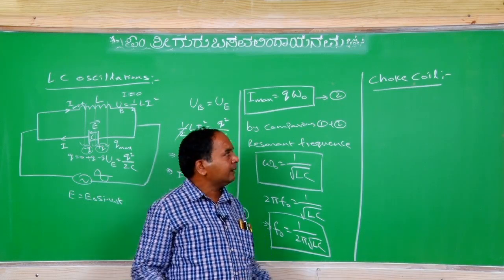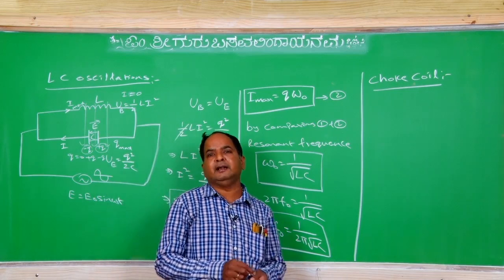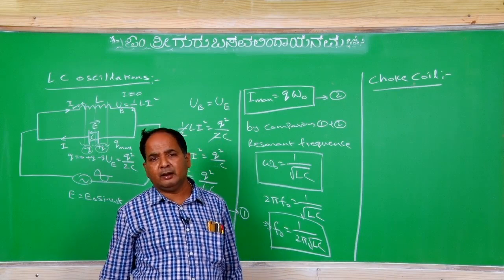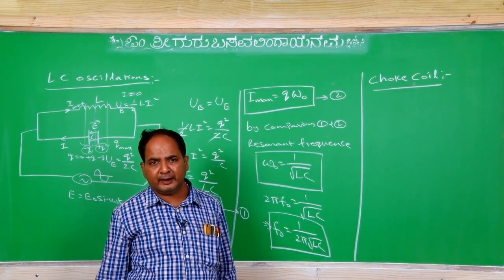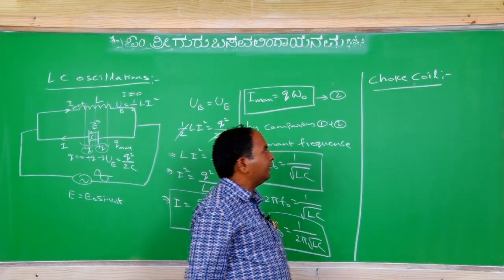First of all, what is this choke? Choke means the device which prevents the loss of energy, the loss of electrical energy, and it is said to be the choke coil.